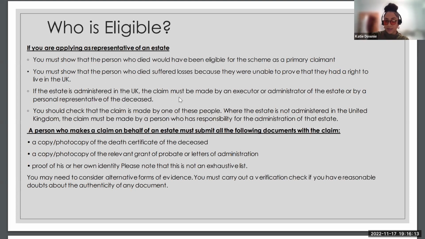So say, for example, if my grandma, who is no longer here, who entered the UK before the 1st of January 1973, had property and business here, I would have to be named in her will or in any legal document as the administrator of the estate or executor of the estate.